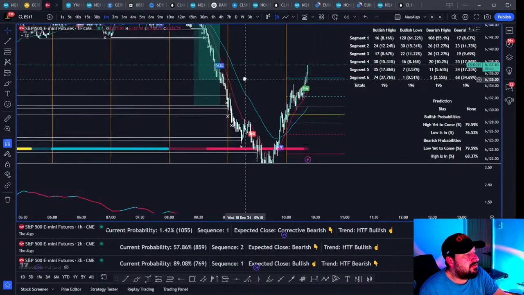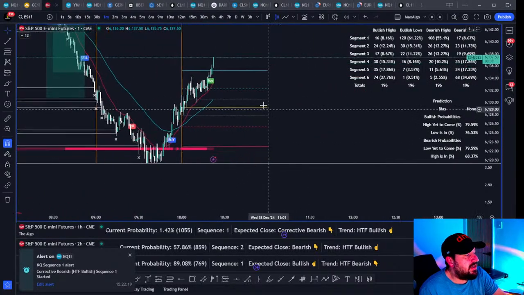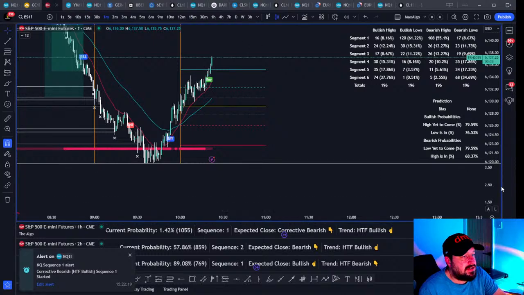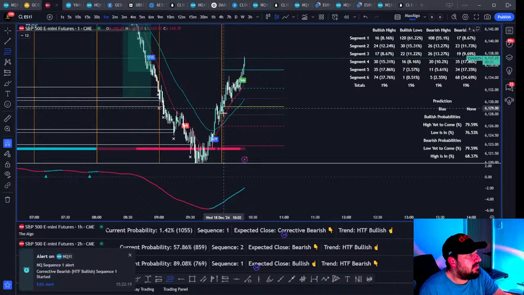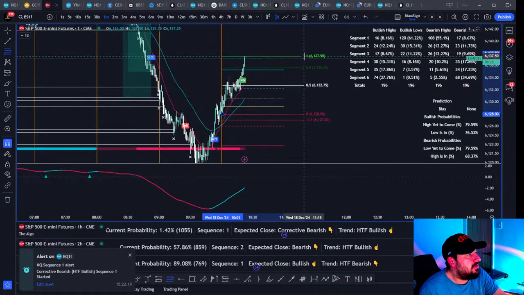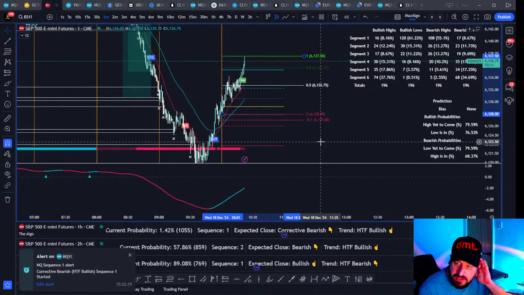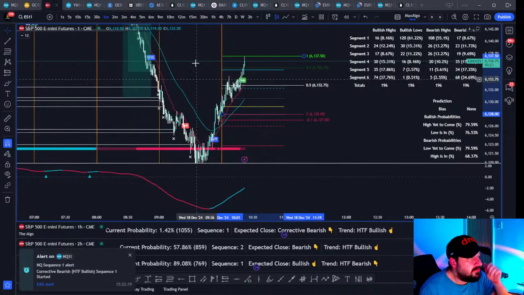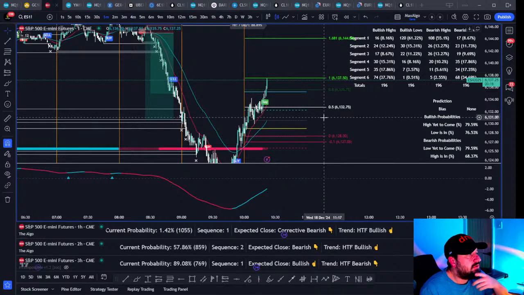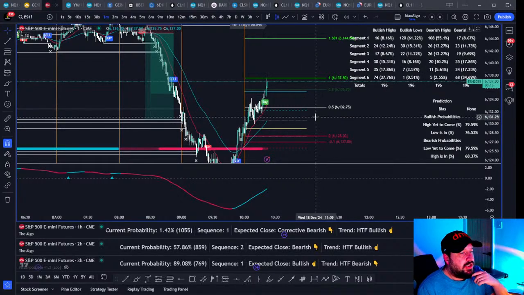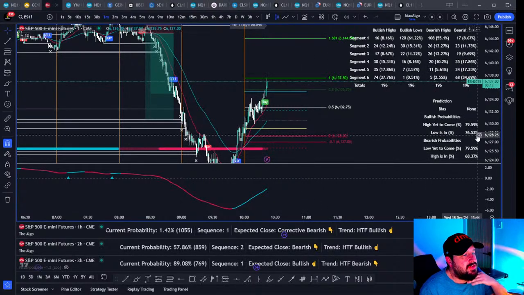ES is off. ES has gone to corrective, so we can see now it's corrective. And we're coming up to that zero line. So I like ES. I even like the correction point as well. We've got a bit of time, with 76% data above on the highs, 79% of highs yet to come.